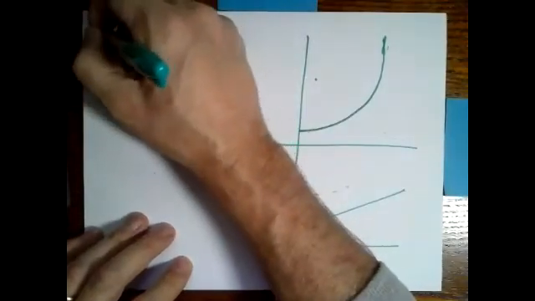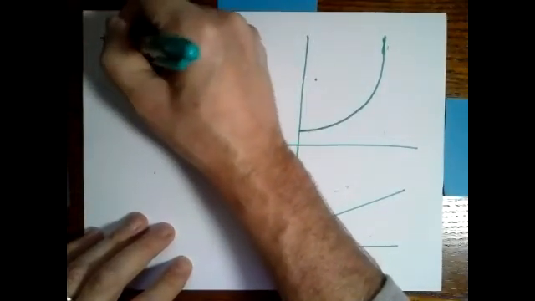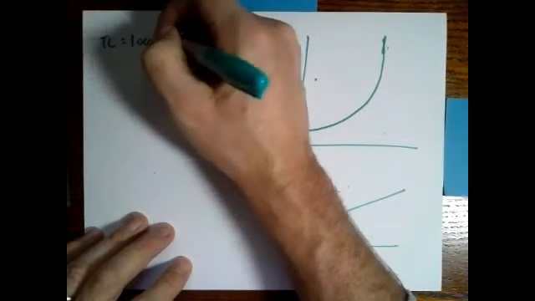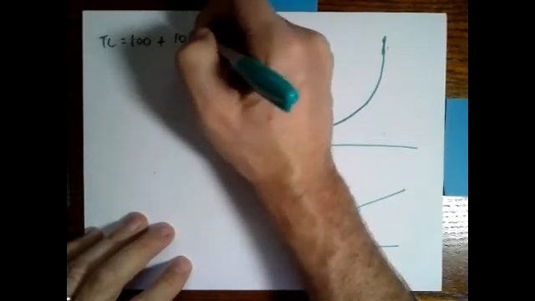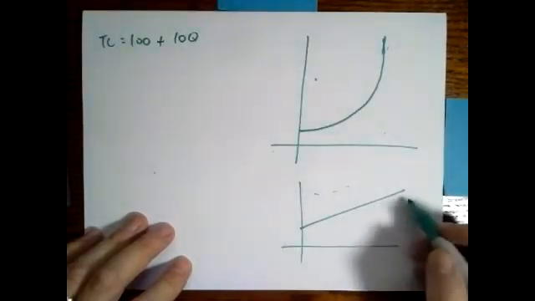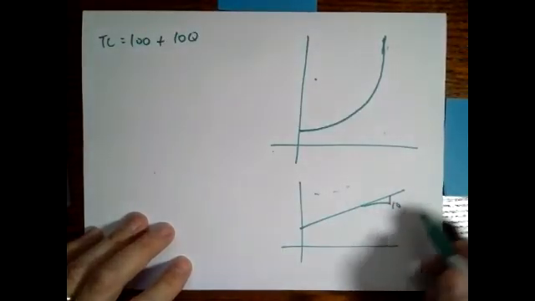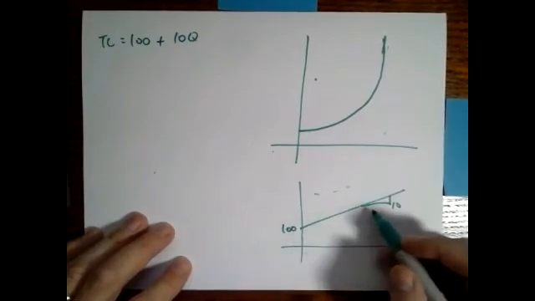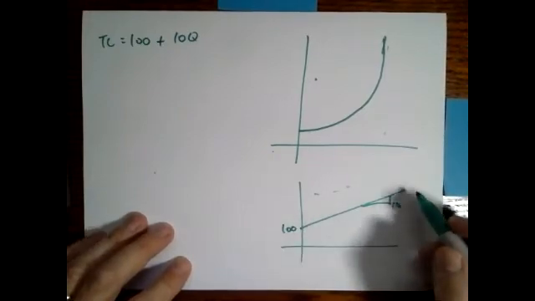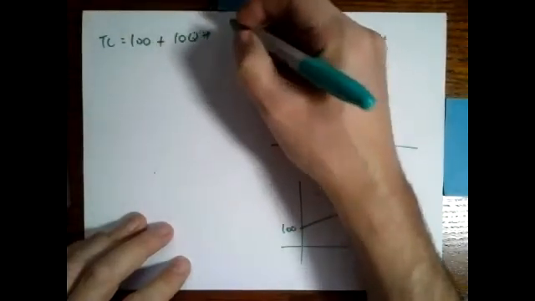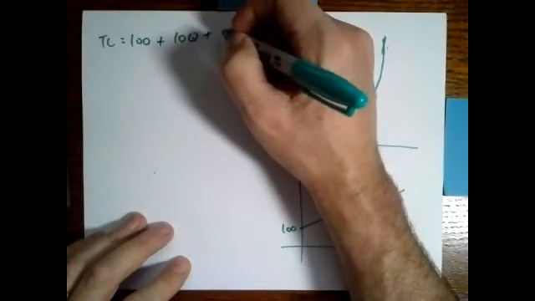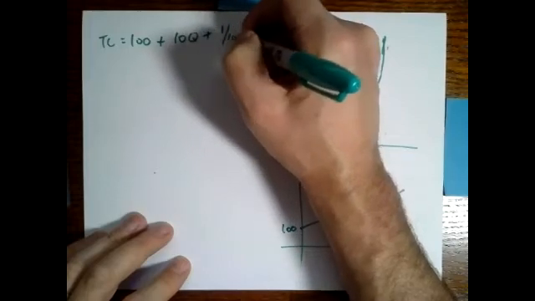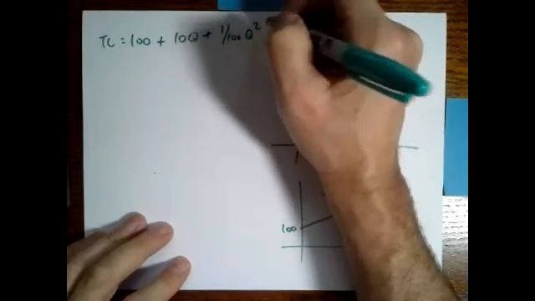So let's jump back to our initial cost function. We're going to use a smaller number, 100 plus 10q. That would be our straight line, with fixed cost of 100 and variable cost of 10q, and we'd have a nice straight line. But let's add a kicker, something like 1/100th q squared.